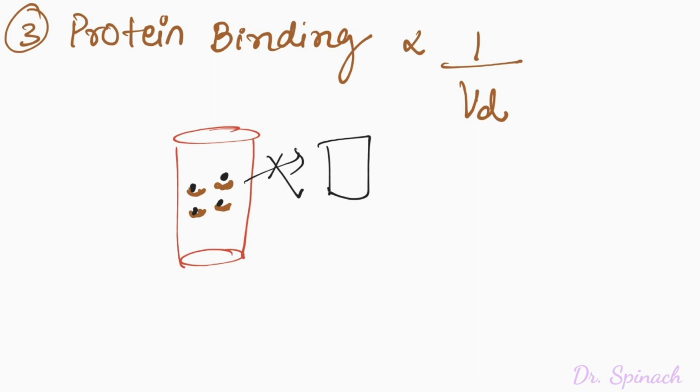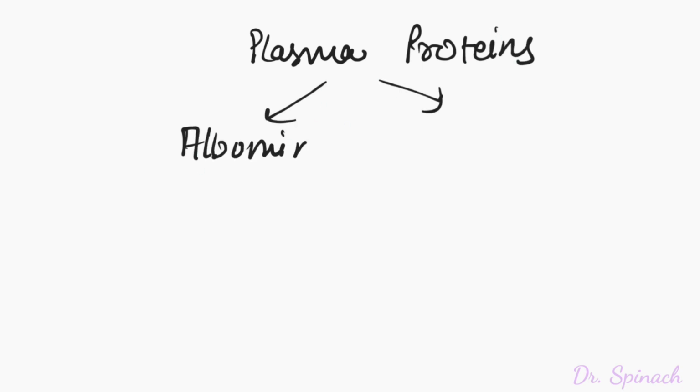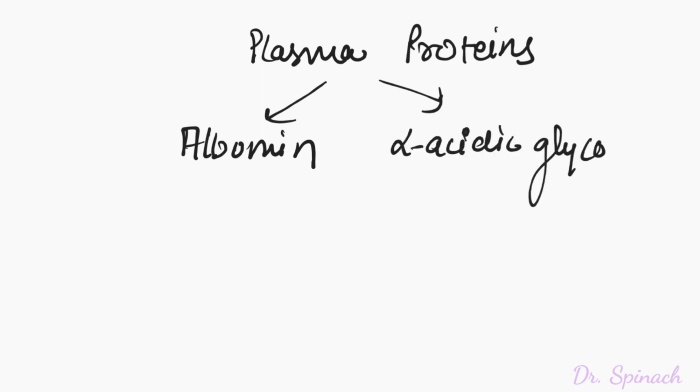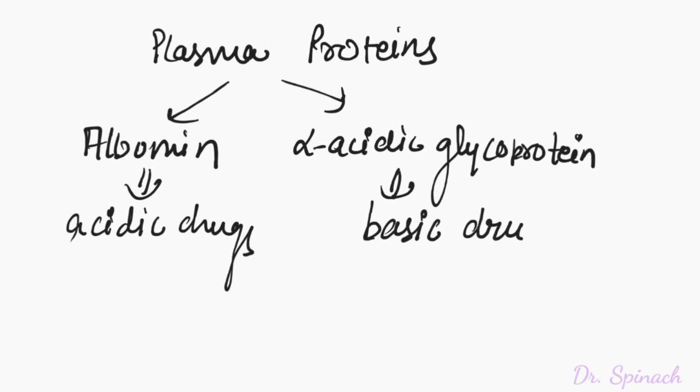Therefore, volume of distribution is low. The two major plasma proteins to which these drugs bind are albumin, which we all are very much familiar with, and alpha-acid glycoprotein. Albumin binds to acidic drugs, and alpha-acid glycoprotein binds to basic drugs.